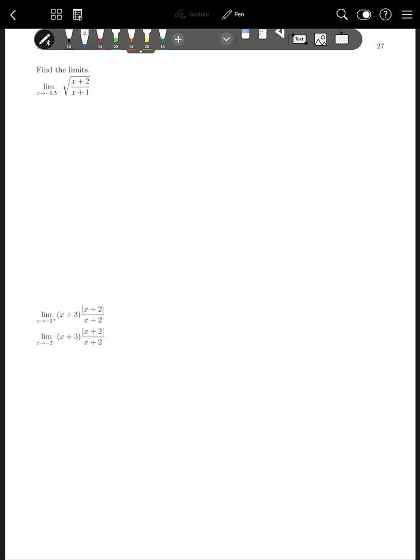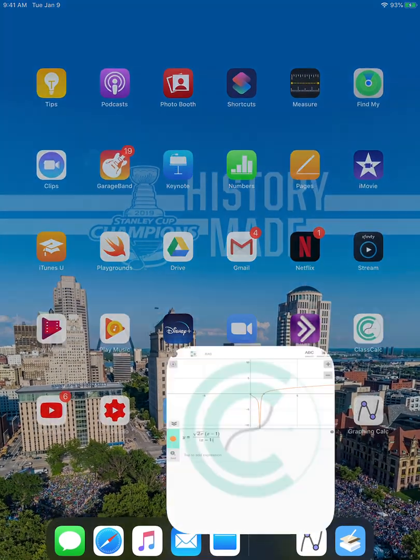Okay, so let's go ahead and talk about these. For the first one, if you graph it, you're going to see that there is no jump. So to find this limit, you can just plug the value in. This is just going to be the square root of 0.5 plus 2 over 0.5 plus 1. So that's the square root of 2.5 divided by 1.5, and we can use the calculator to get an approximation.